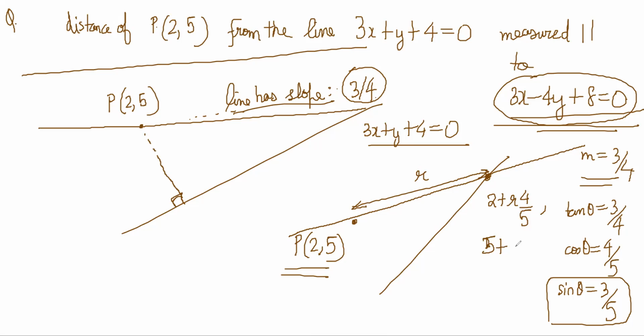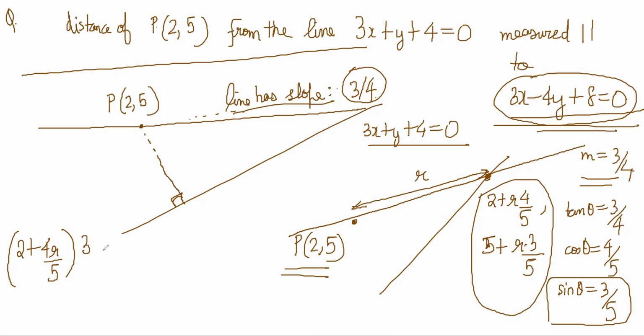5 plus r into 3 by 5. And this point should lie on the given line. So (2 + 4r/5) multiplied by 3, plus 5 plus 3r/5, plus 4 should be equal to 0.